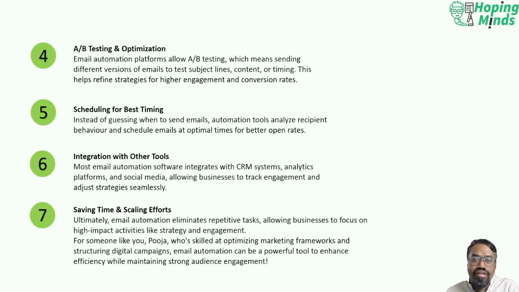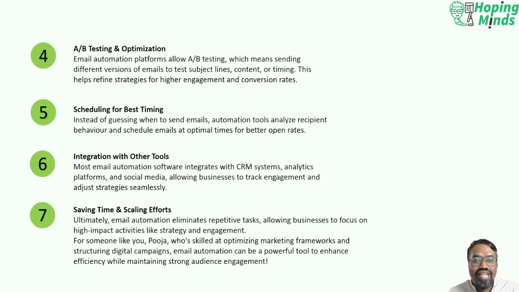Now, as a marketer, we need to do A/B testing, and we need to keep on optimizing. Email automation platforms allow you to do A/B testing. So if A doesn't work, then B would work. If B doesn't work, then A would work. So we keep on doing this A/B testing, which means sending different versions of emails to test subject lines, content, and timing.